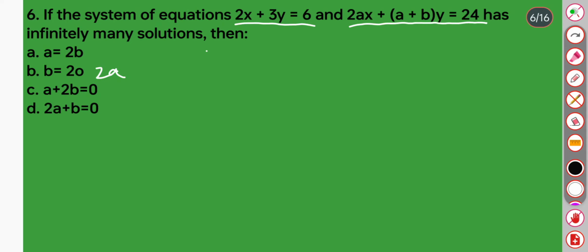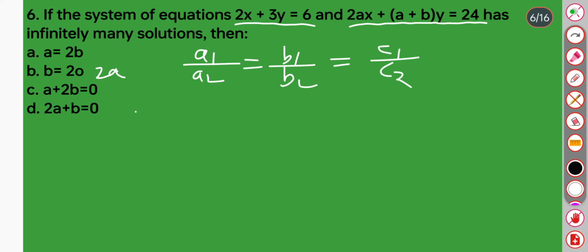Since the given equations have infinitely many solutions, what is the condition for infinitely many solutions? A1 by A2 equal to B1 by B2 equal to C1 by C2.